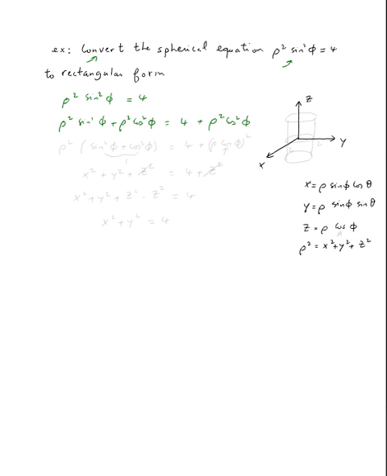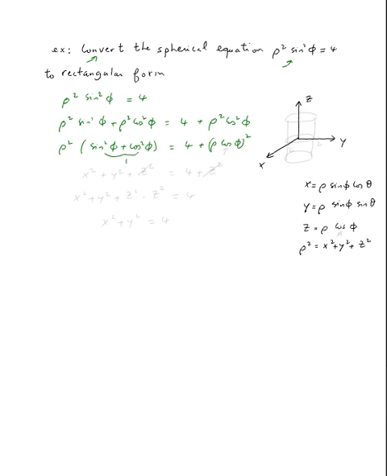The reason I'm doing this is so I can factor and get rho squared times sine squared phi plus cosine squared phi equals 4 plus, and let's leave this, this is the same thing as rho cosine phi. If you write it this way, it doesn't matter.